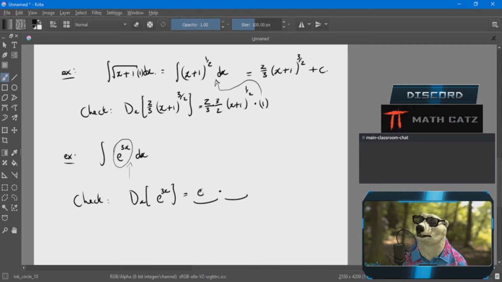Derivative of the outside function is e to the 3x. Derivative of the inside function is 3. Sometimes, well, when the second part of the chain rule is just a number, that number isn't always visible.